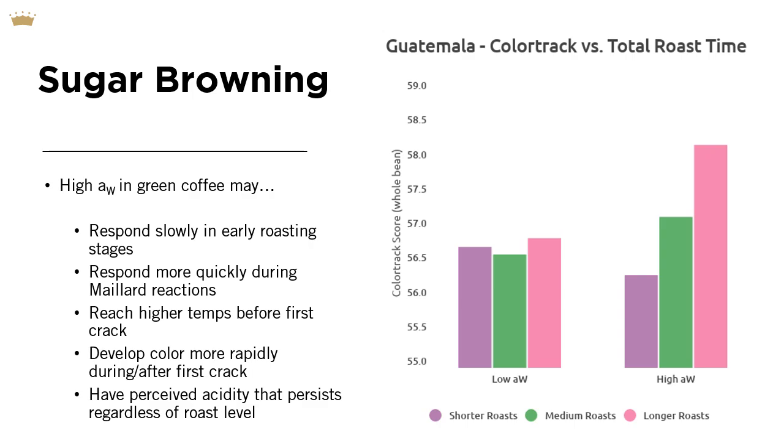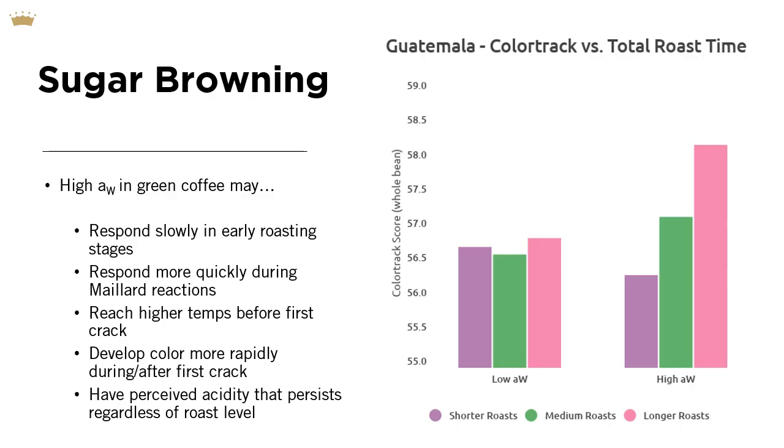Small-scale, non-conclusive trials my colleagues and myself have performed at the Crown indicate a couple of broad-stroke generalities that we can apply as it comes to water activity and roasting. The first might be that coffees of higher water activity tend to respond more slowly during early stages of roasting, reaching lower turnaround temperatures, but then they might progress more quickly between visible color change to first crack than those of lower water activity.